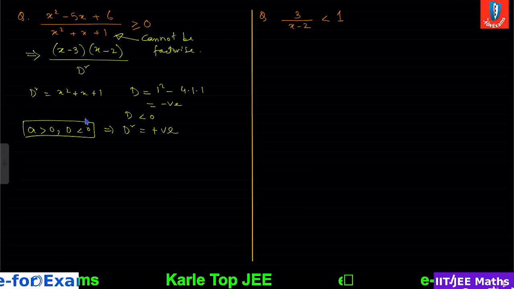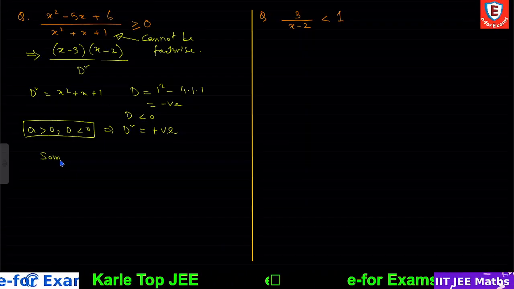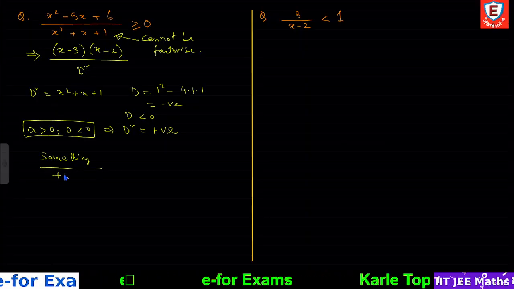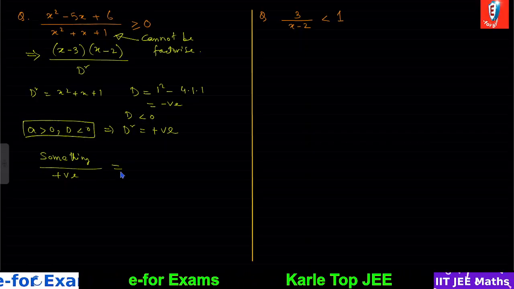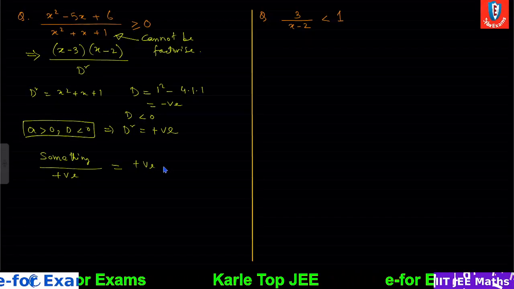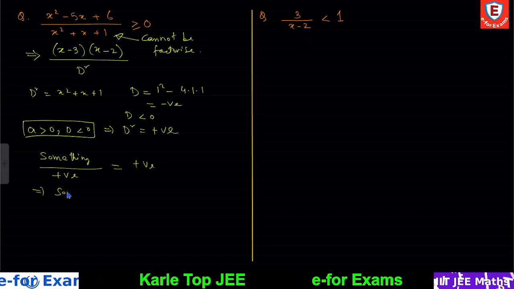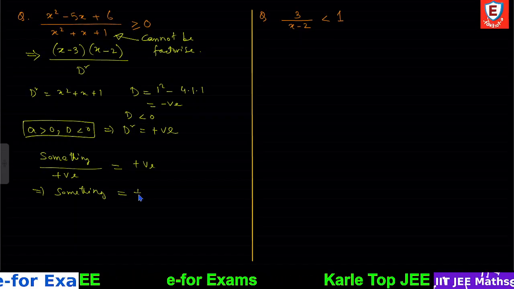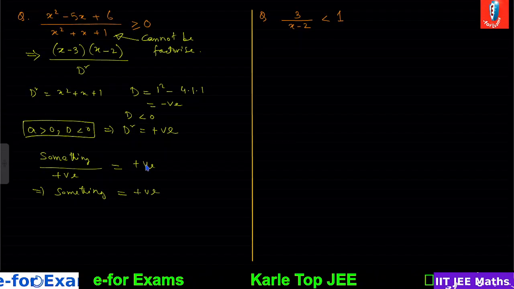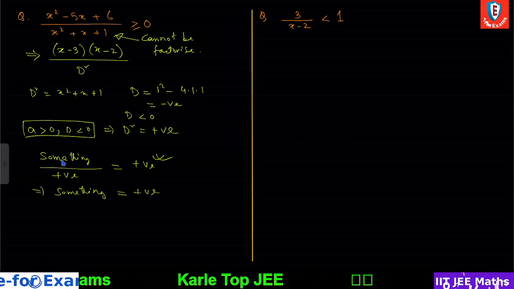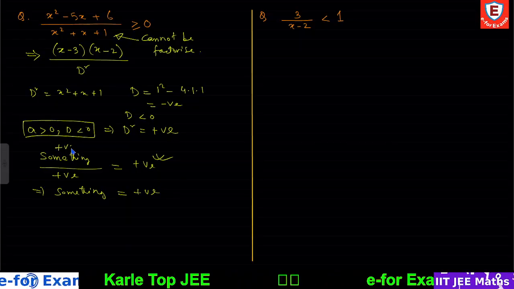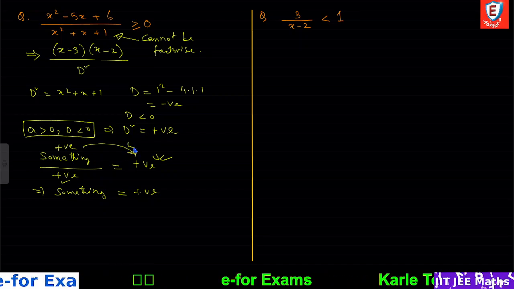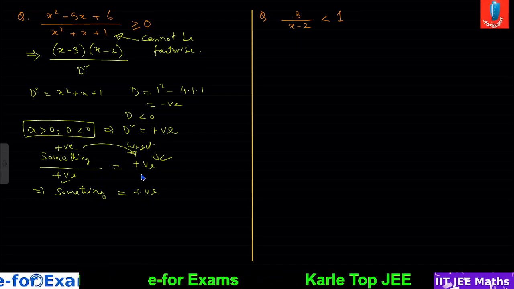This entire is positive, so something divided by positive equal to positive. This means this something must be positive. If it is negative, it cannot be positive, right? When this is positive and this is positive, we get positive, right?